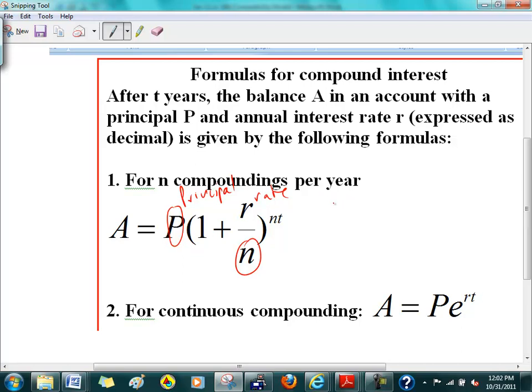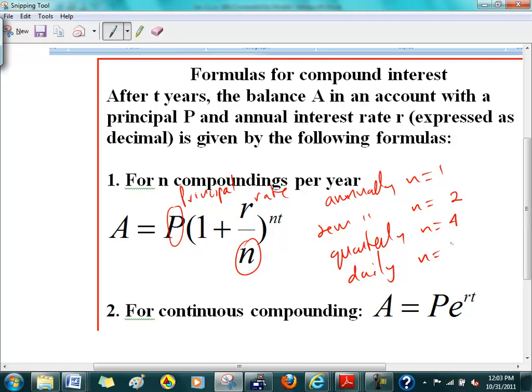So if you are compounding annually, n equals 1. Semi-annually, n equals 2. Quarterly, and daily, assuming it's not a leap year, 365.